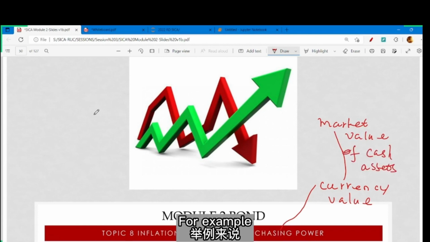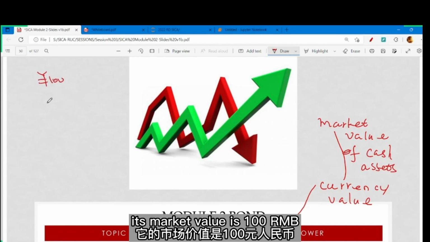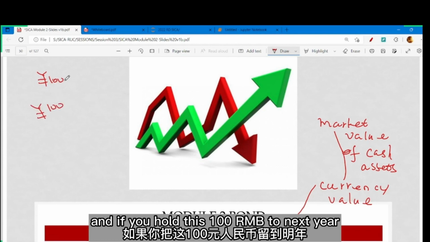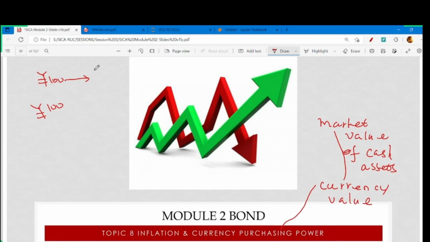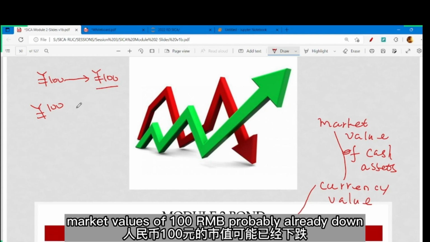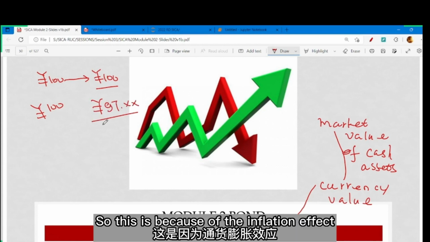For example, this year you have 100 RMB. Its market value is 100 RMB. And if you hold this 100 RMB to next year, your nominal value of your cash assets is still 100 RMB, but your market values of 100 RMB probably already down to what? 97 something.